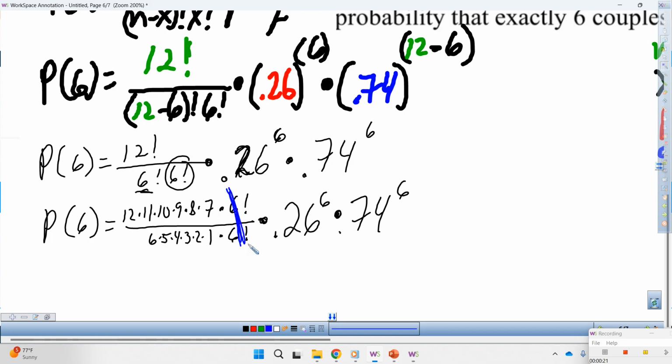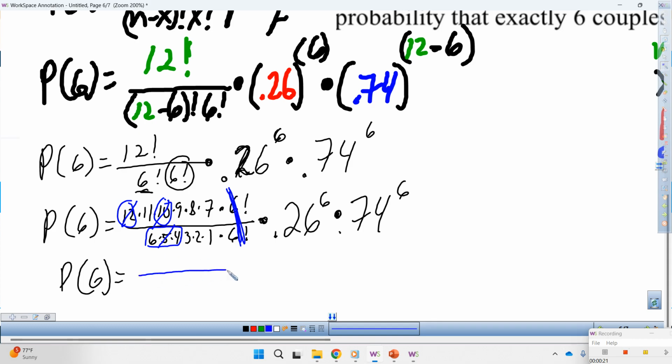Eliminate that. So that gives me P of 6 is, hold on. Let me eliminate something else. What is 6 times 5, guys? 30 times 4? 120? Is that correct? What is 12 times 10? 120, right? So I'm going to cancel those like that.